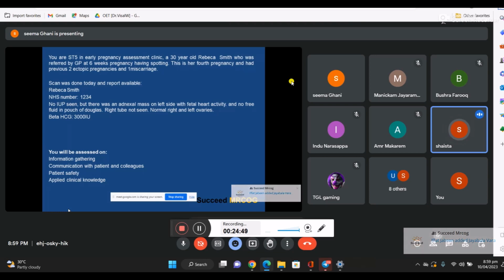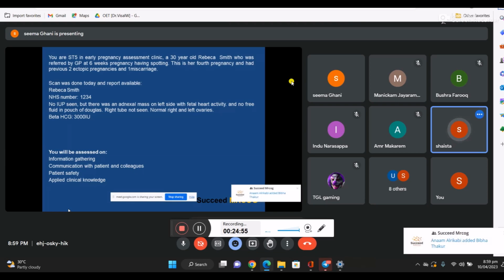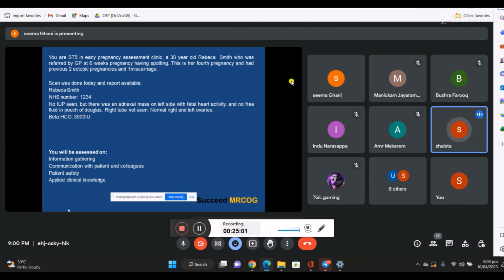And at that time, we will see what is the status of your tube, whether the affected tube is repairable or not. If your affected tube is repairable, then we will remove only the pregnancy tissue and we will repair the tube. In this way, we can save your left tube, as your right tube is already removed. But it depends on the situation at that time. I can't guarantee that.